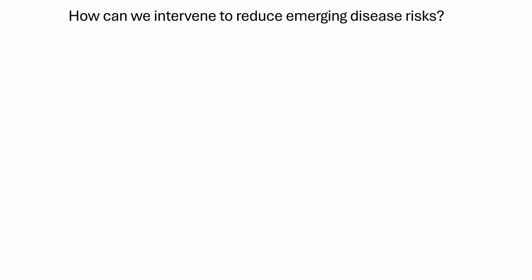So following the COVID-19 pandemic, discussions have really ignited across a whole range of different fields about how we could intervene to reduce the chances of something like this happening again.